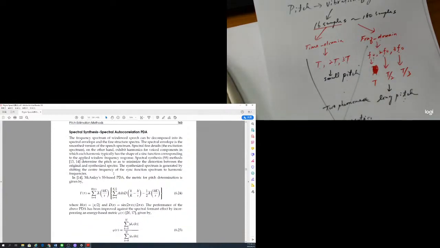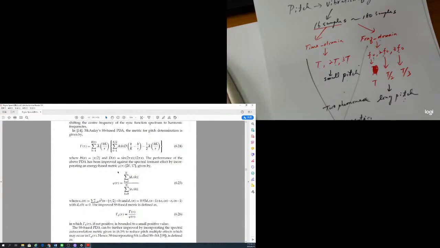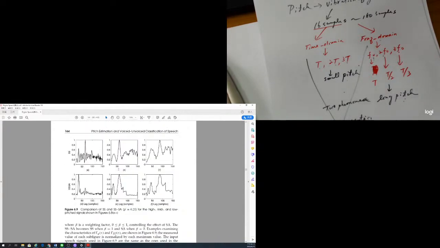The other one, they are talking about a lot of different approaches, so this one is not our focus here. They're talking about spectrum methods.